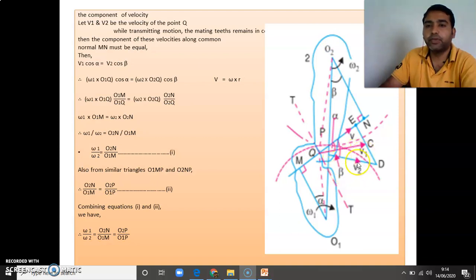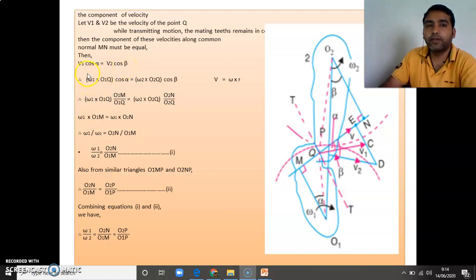So V1 and V2 are the velocities of the point Q. While transmitting the motion, the meeting teeth remain in contact. Then the components of this velocity along the common normal MN must be equal. So V1 cos alpha is equal to V2 cos beta.